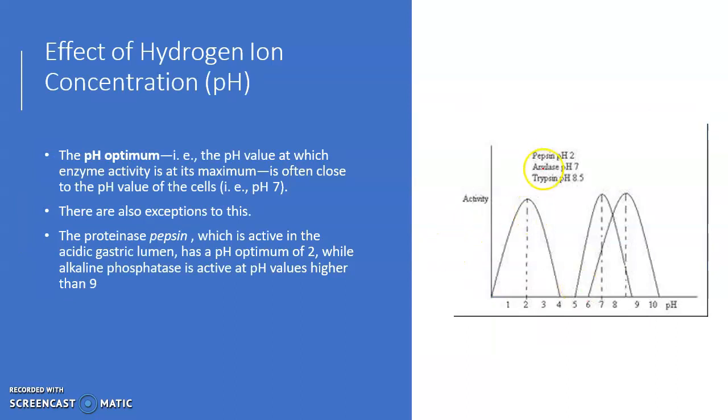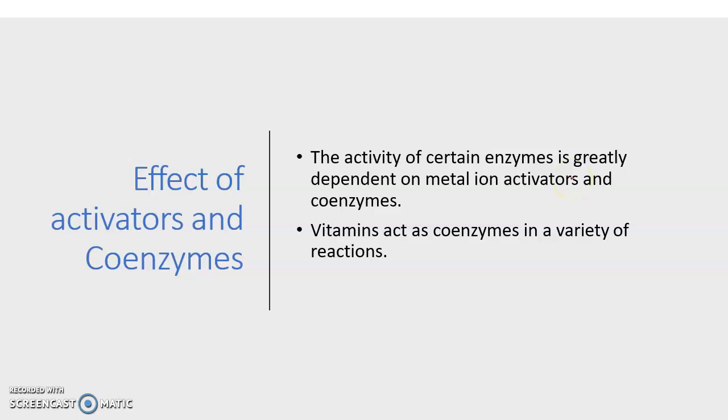This one is a graphical representation. Some example enzymes are pepsin, amidase and trypsin. One has optimum activity at around pH 2, another at pH 7, and this one at 8.5. And another last factor also influences enzyme activity.